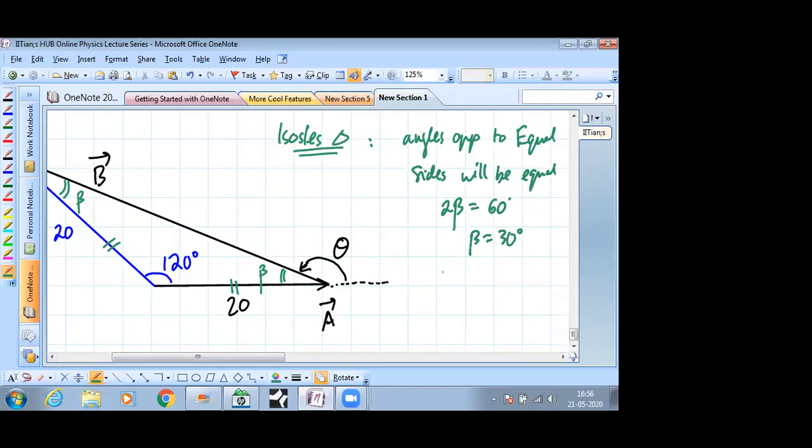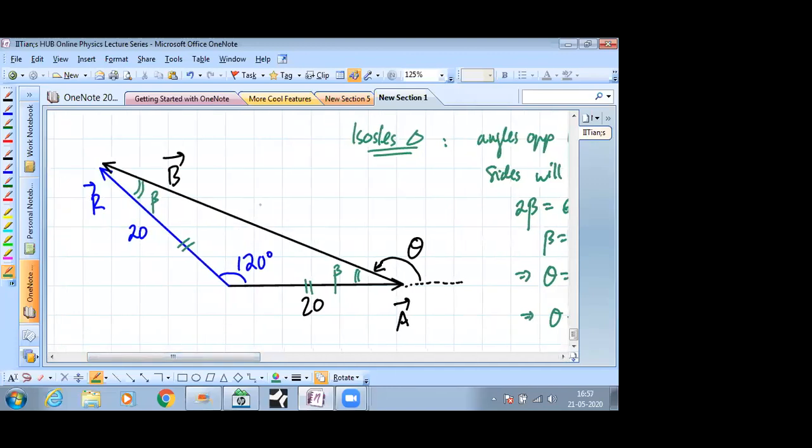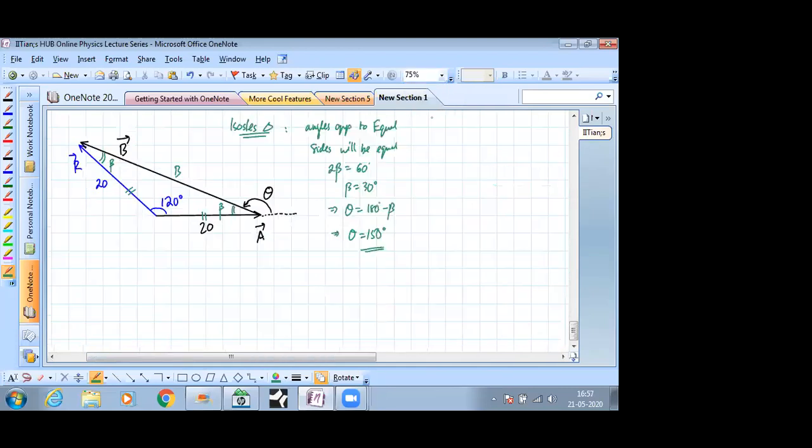That immediately tells you that theta is equal to 180 minus beta, so the unknown angle theta is 150 degrees. Now you see what use you can make of this and solve for the other thing, which is the unknown magnitude of the vector B. Just use this as a hint and see if you can solve for this second thing. Just try this out.